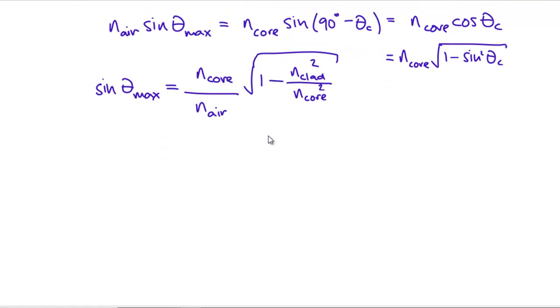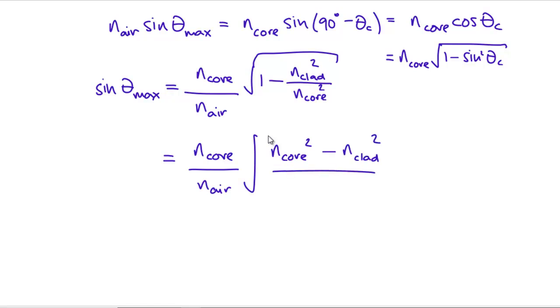Right, these n cores are going to cancel, aren't they? But let's not jump ahead because I've done this in the past and ended up getting my fractions messed up. So it's the square root of n core squared minus n clad squared over n core squared, square rooted. Right, so we can now get rid of that with that.